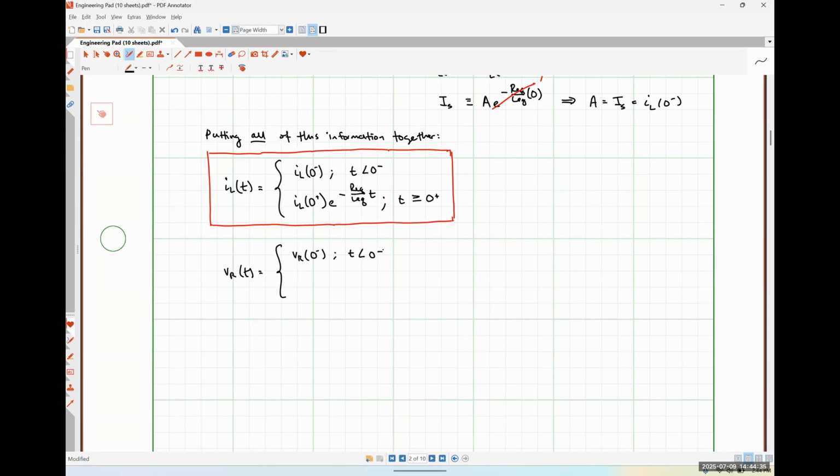And then after our switch changed states, it's going to look like REQ times IL at 0 plus e to the minus REQ over LEQ times time for t greater than or equal to 0 plus. But I'm going to go ahead and take this one step further here.